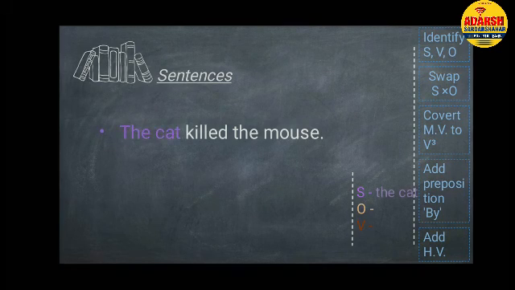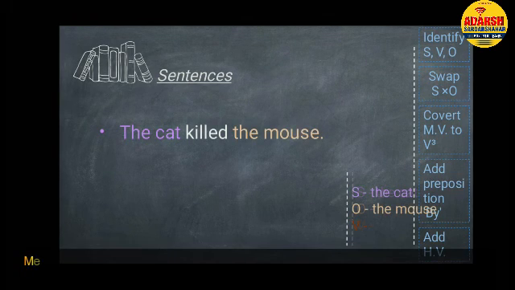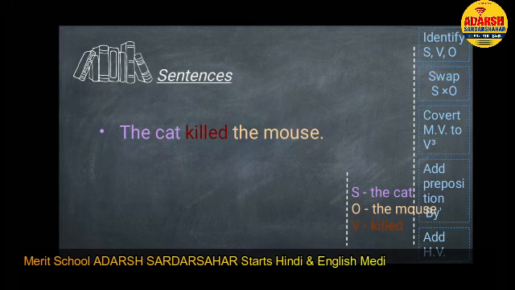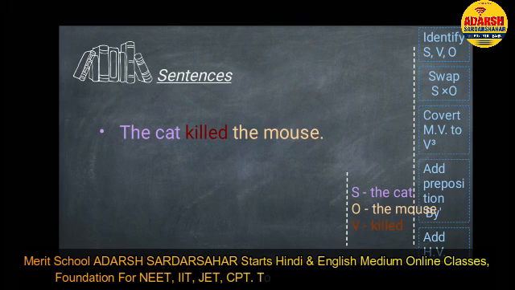So the cat is our subject because the cat is performing the activity. The object is what the action is performed on. Here the action is performed on the mouse, so the mouse is our object, while the verb is the action. Here the action is killed, so killed is the verb. Subject the cat, object the mouse, verb killed.